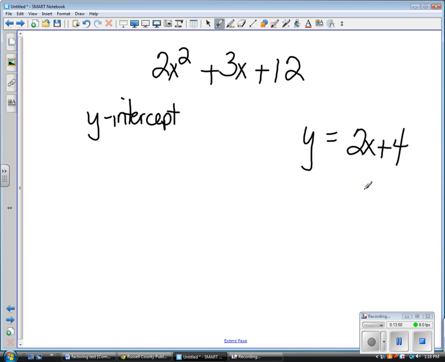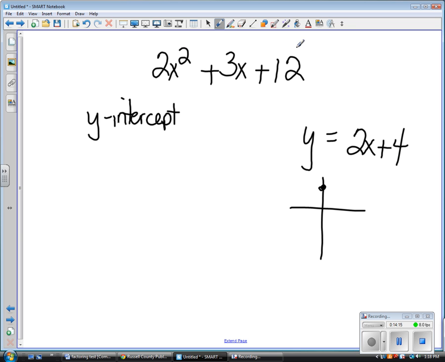How did you know that? It doesn't have the x. So what would I have to plug in for x to make sure that I prove that? If it crosses the y-axis, what's the x value? If this was a point, what's the x value? 0. So anytime I plug in 0, that cancels all my variables out and I'm left with the number.